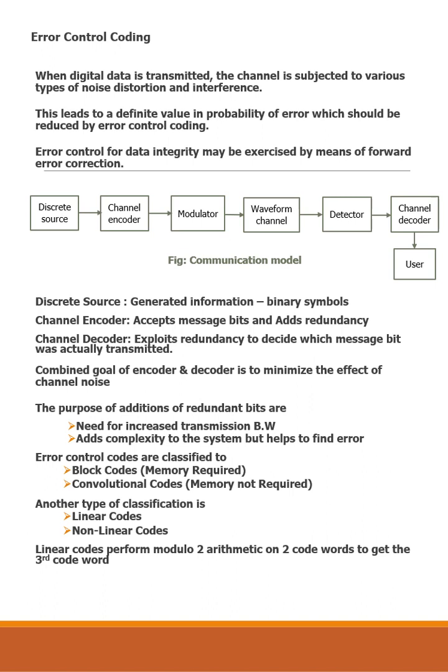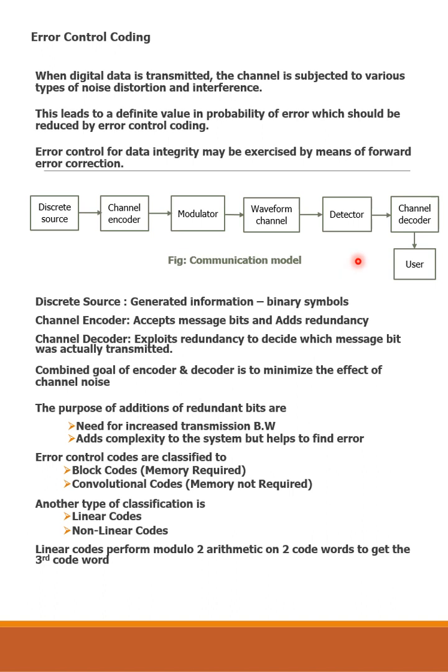So let us understand the meaning of this simplified communication model, where the source is generating information, and the analog information is converted into digital. The channel encoder actually adds redundant bits in order to detect and correct error, followed by the modulator and then the channel. Up to this, it is the transmitter side.